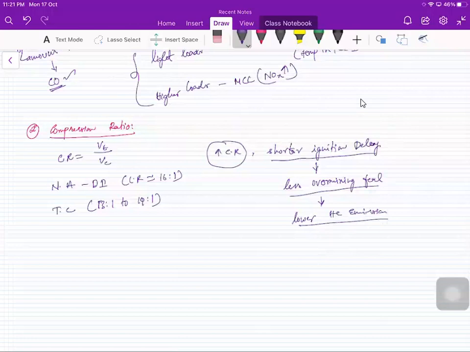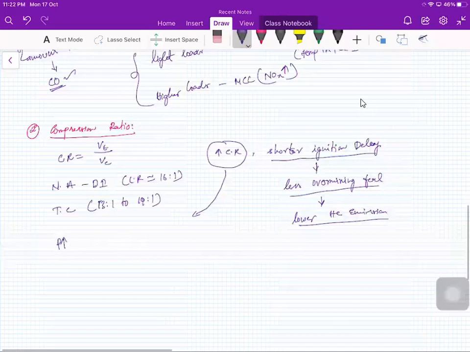Now, if your compression ratio is increased, what else happens? This will also lead to an increase in pressure. Increase in pressure leads to a higher temperature. Okay.